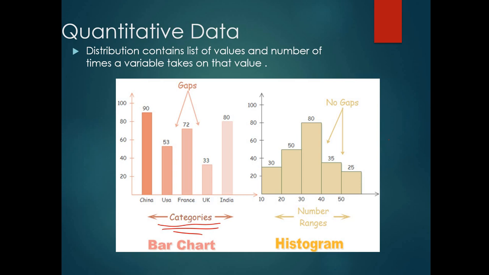Whereas with histograms, the numbers are continuous, so you connect the bars. And that's really the only difference. So bar charts are for categorical data, histograms are for quantitative data. Otherwise, the looks are the same and plotting them is the same.